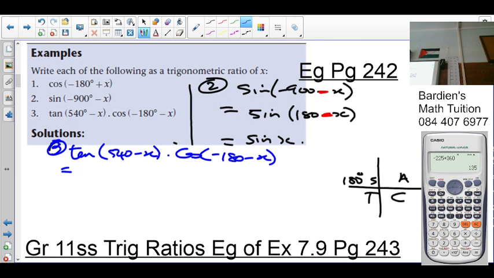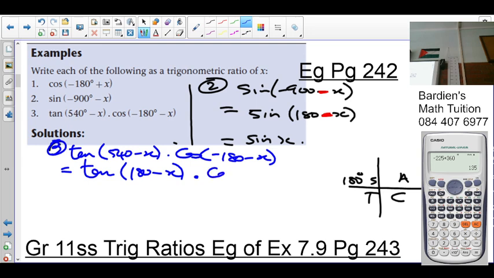So in number 3 we got tan of 540 minus x times cos of negative 180 minus x, sorry. So what do I do with 540? Minus 360. What's 540 minus 360? So it becomes tan of 180 minus x times, and what do we do with negative 180? Add 360.